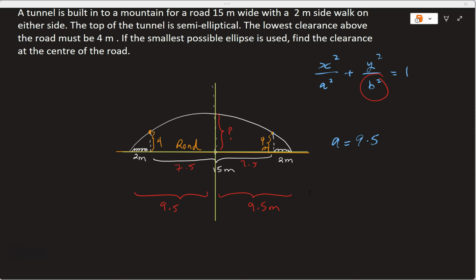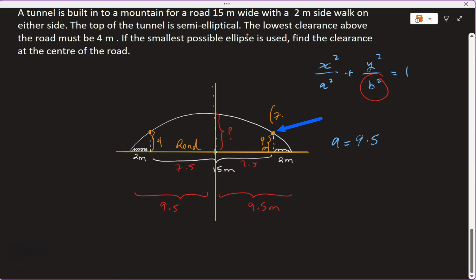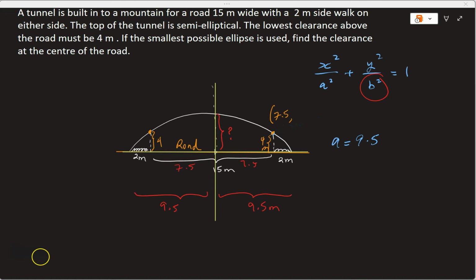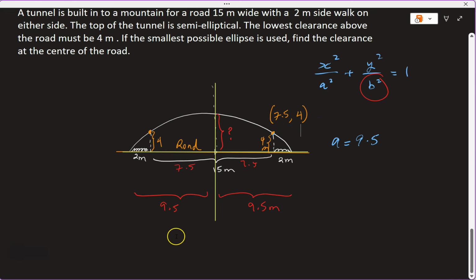Now we're going to choose a point, plug the numbers into the standard form of an ellipse, and then solve for b. What is the point that we're going to use? Well, we're going to use this coordinate right there, because it's still giving us what we need. That coordinate is (7.5, 4), because that's the lowest clearance that it must have.